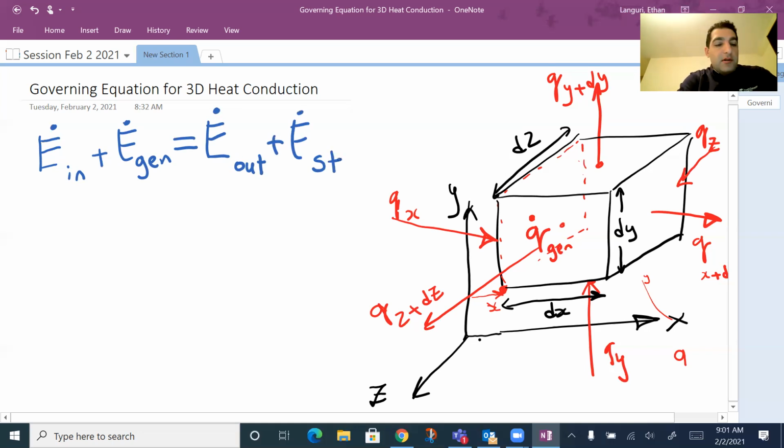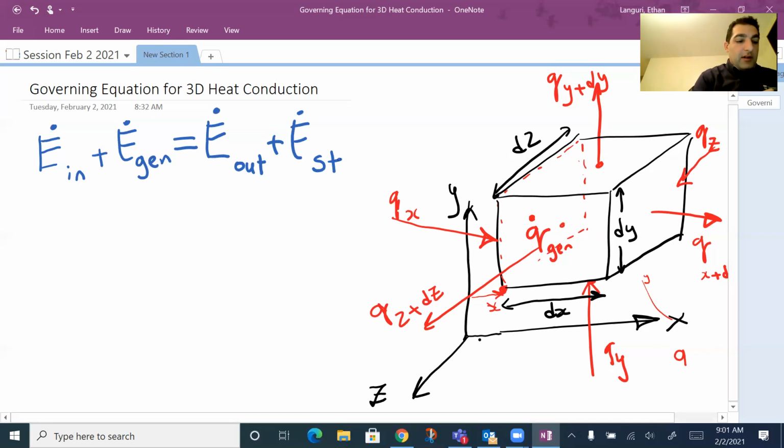So in other words, I can say E dot in plus E dot generated should be equal to the portion leaving E dot out plus the portion that is stored, the change in the internal energy of my control volume.